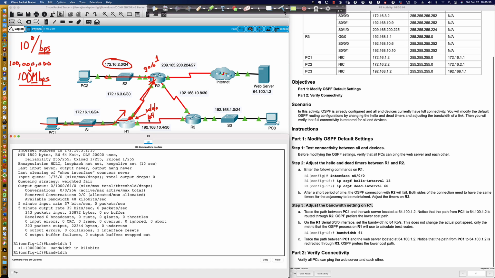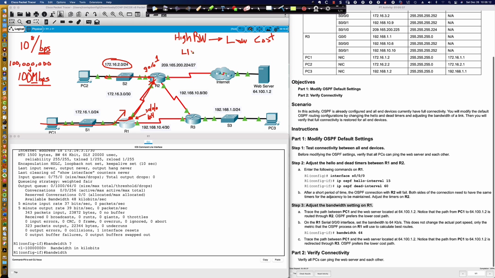And you might be saying, well, wait, you said lower is better. Well, lower in cost is better. There's an inverse relationship between the bandwidth of the interface and the cost. The higher the bandwidth on the interface, the faster the interface, the lower the cost. The higher the bandwidth, the lower the cost.